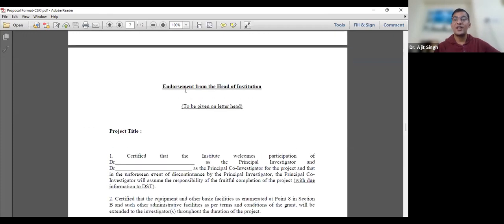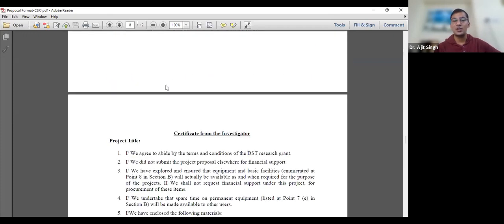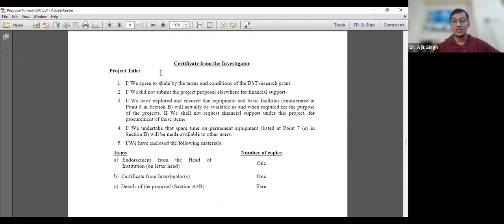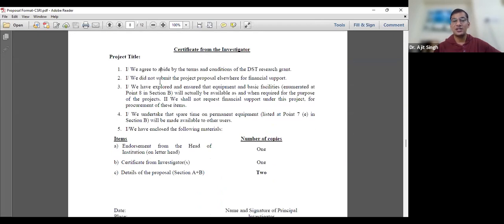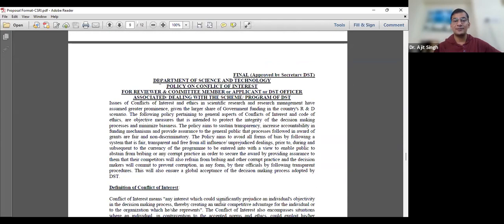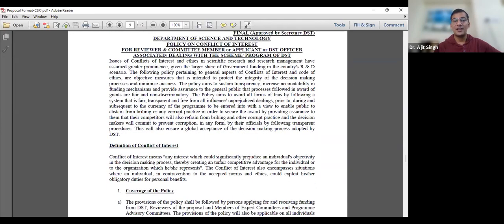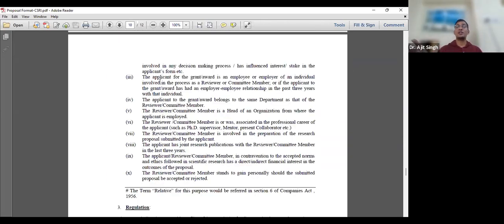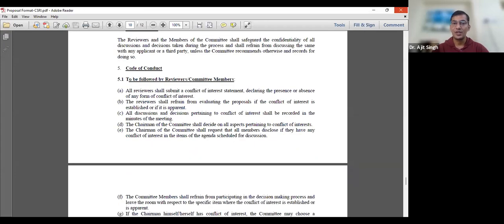Then endorsement from the head of institution, then certificate from the investigator, which they have to sign. Then it is finally approved by the secretary. They give the entire detail in your proposal, guys. Okay, so I'll close it.